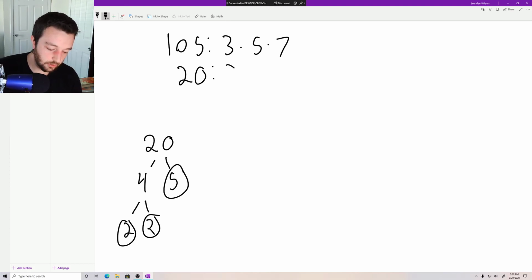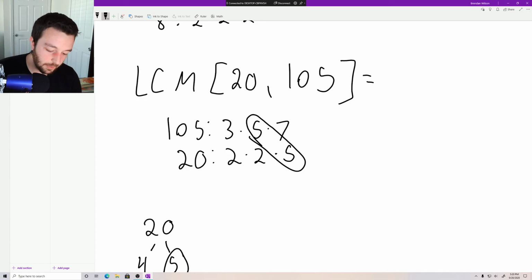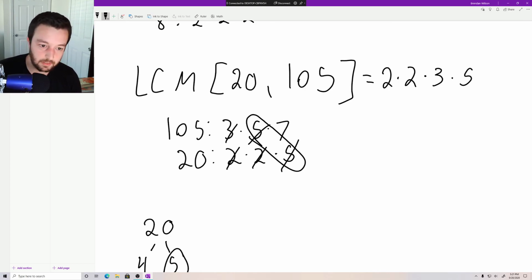So 20 is 2 times 2 times 5. So they have this 5 in common. Okay. So for their least common multiple, we're going to have 2 times 2 times 3 times 5 only one time because they have it in common, times 7. Okay.